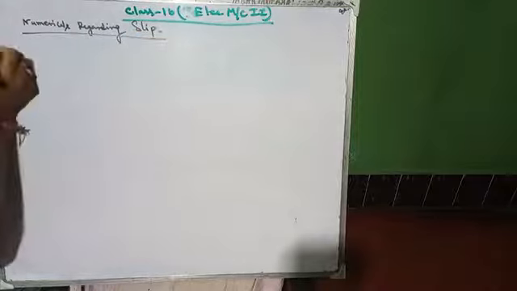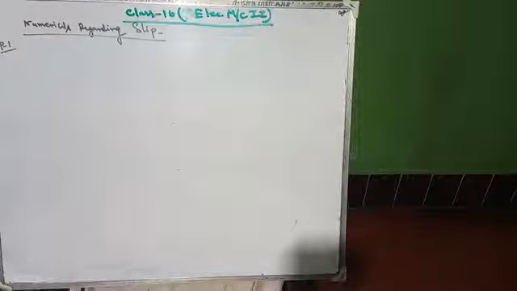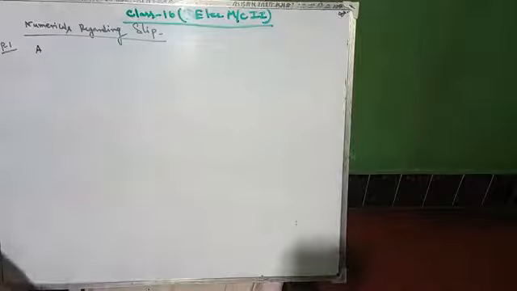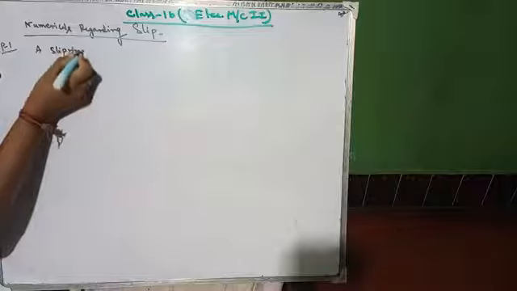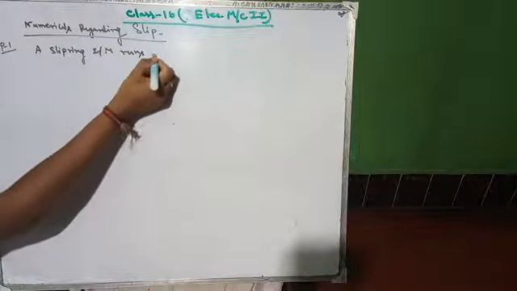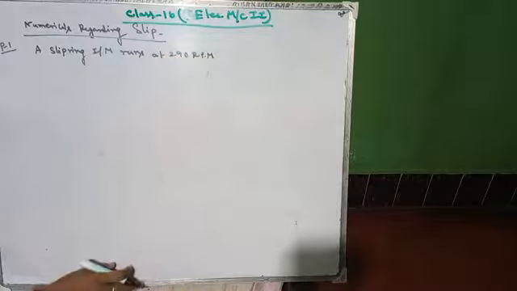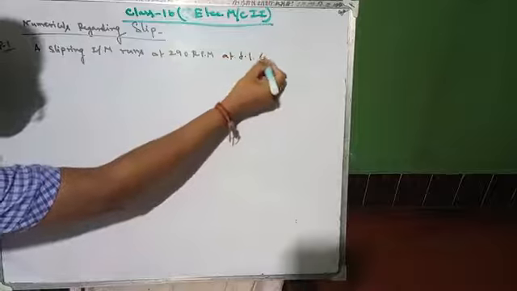Problem number 1. A slip ring induction motor runs at 290 rpm at full load condition.